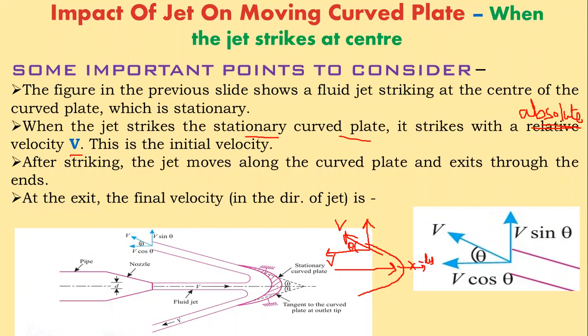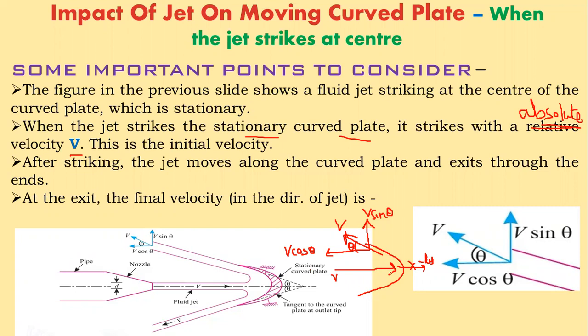So this will be your angle theta, and as this is angle theta, the component next to the angle is always the cos component, and the component away from the angle is always the sine component. So this horizontal component is V cos theta, and the vertical is V sine theta.